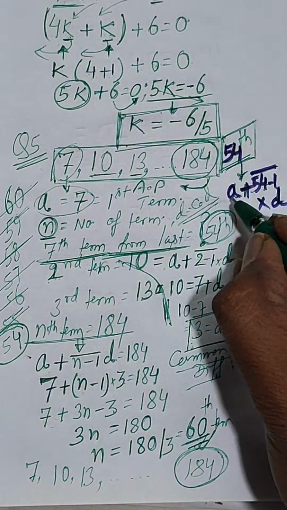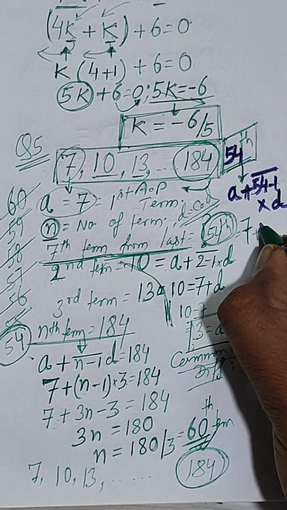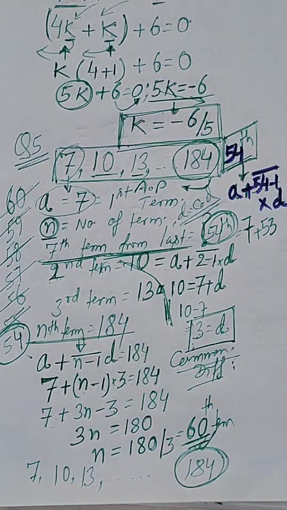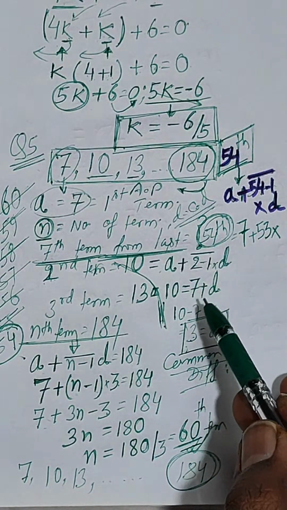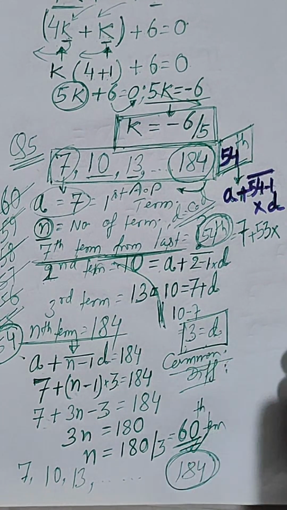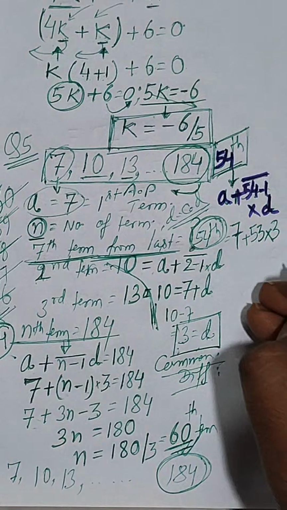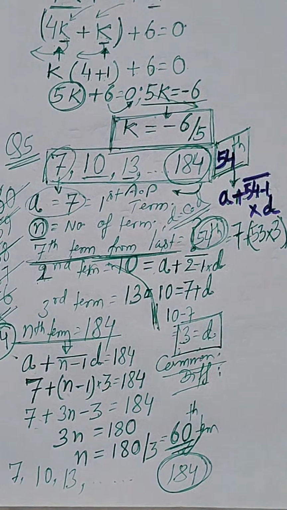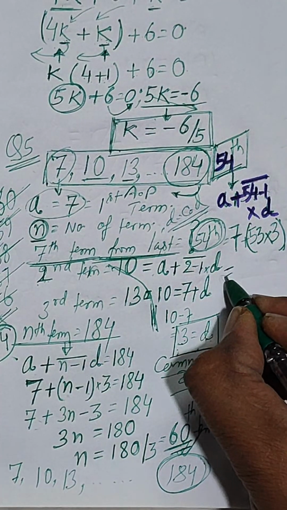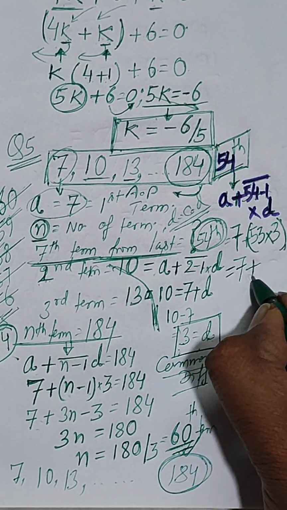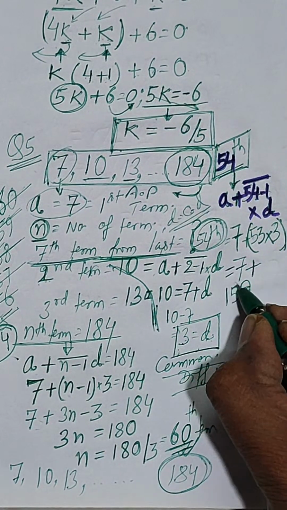Now, what is the value of a? a is 7. Write 7 plus 54 minus 1, which is 53, multiplied with the common difference. What is the common difference? It is 3 here. So 53 into 3, what will be the product? 53 into 3 is 159.